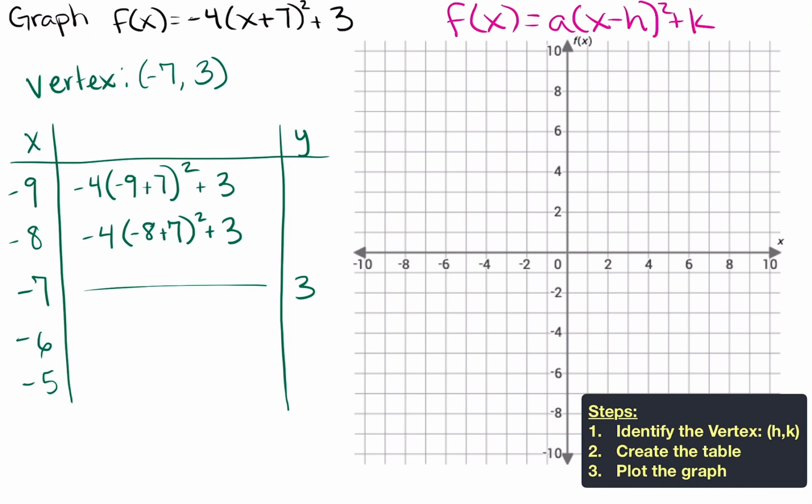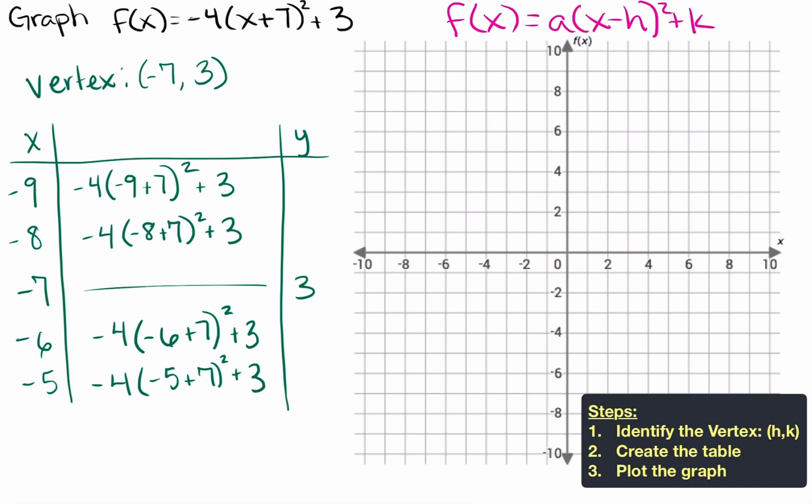Skip the center point because we've already done it, and we move on to the next one: -4, parenthesis, -6 plus 7 squared, plus 3. And finally, that last one, -4, -5 plus 7 squared, plus 3.